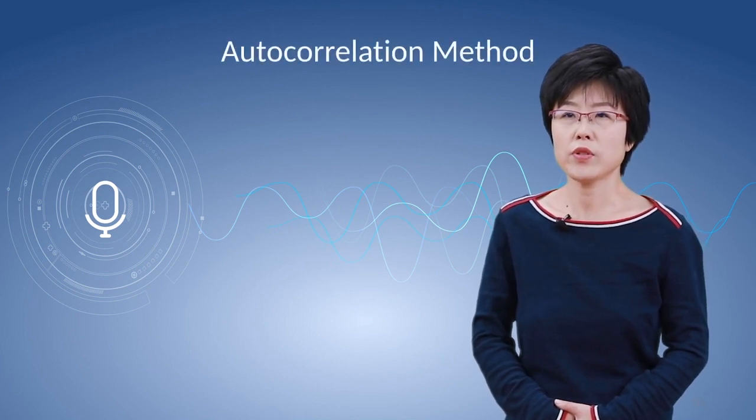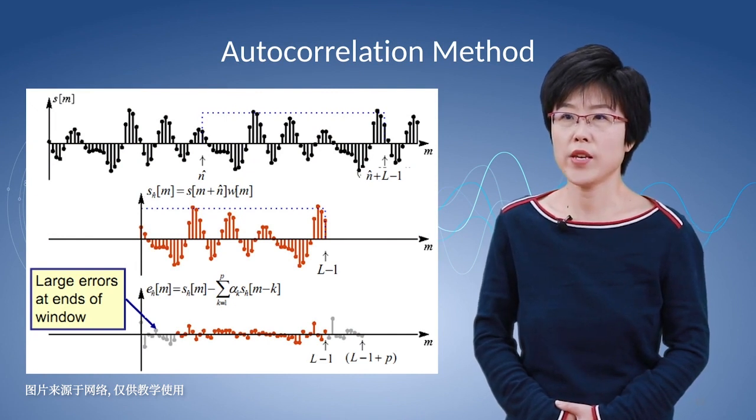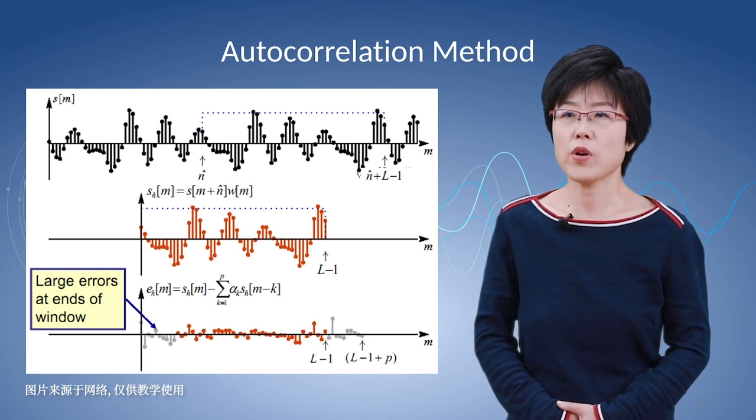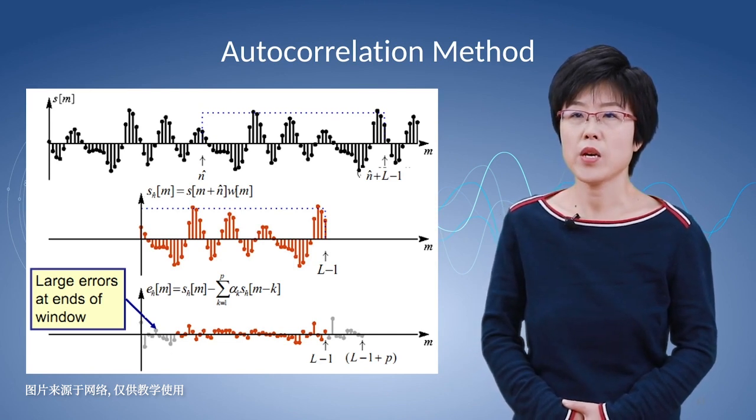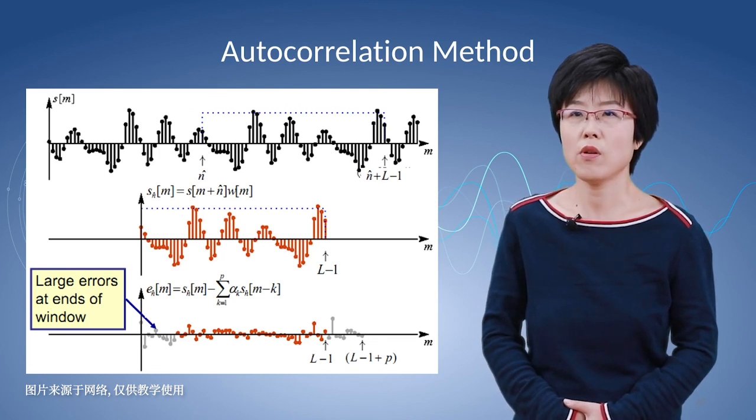In the autocorrelation method, the input signal s_n(m) is defined for the range m from 0 to L-1, m greater than or equal to 0, less than or equal to L-1.